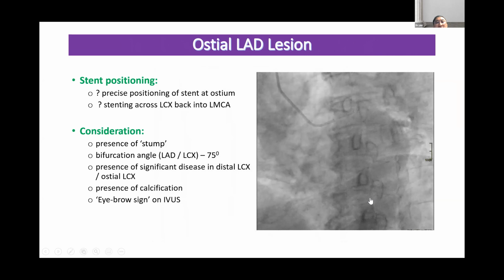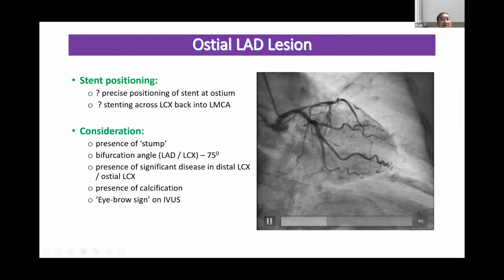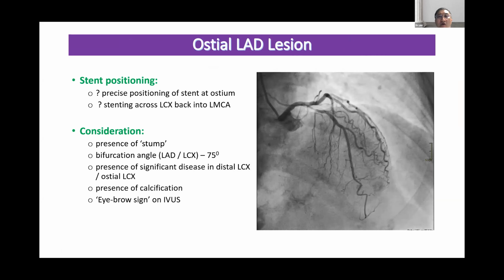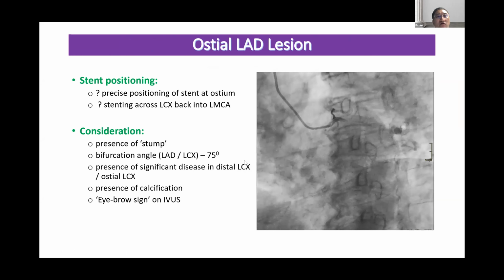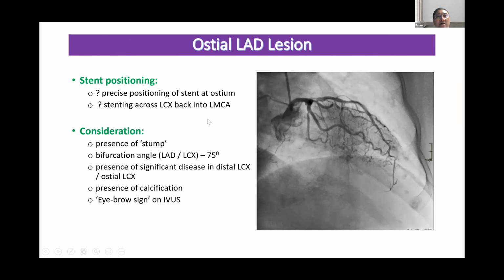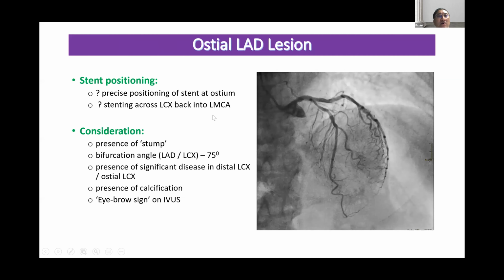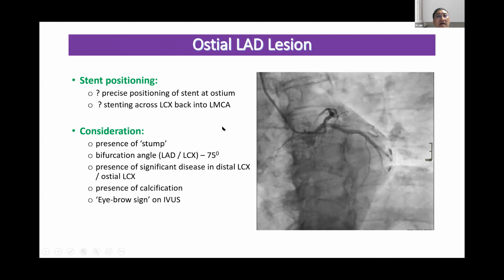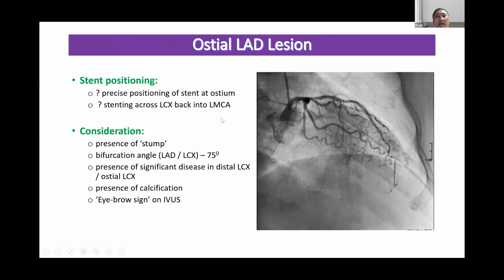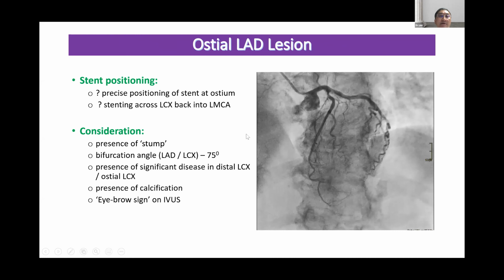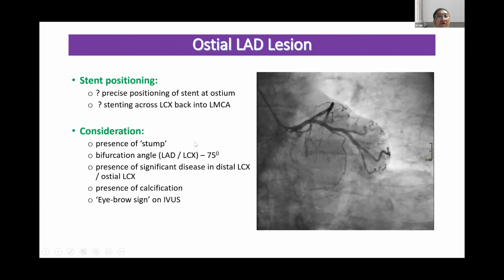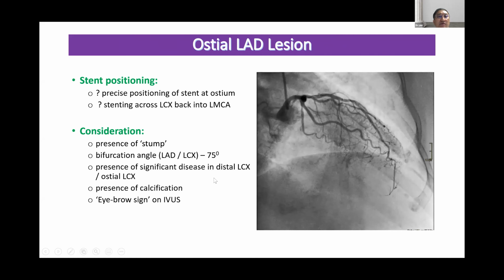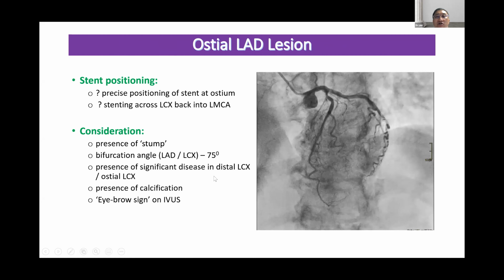A few words about this ostial LAD lesion. We should always consider whether we want to precisely position the stent at the ostium, or is it better to stent across the circ back into the left main. Several factors to be considered: the presence of stump, the bifurcation angle.